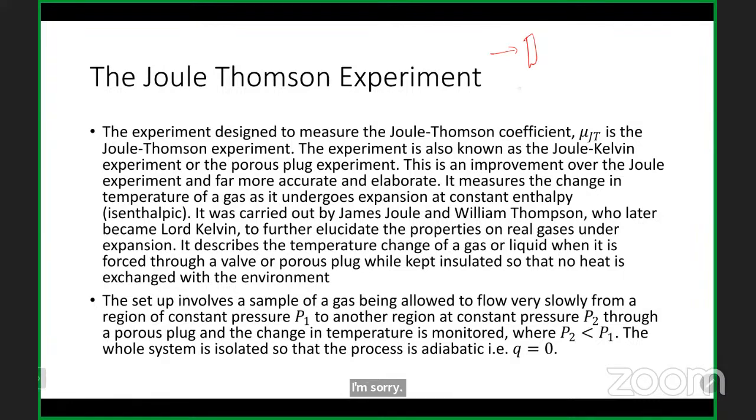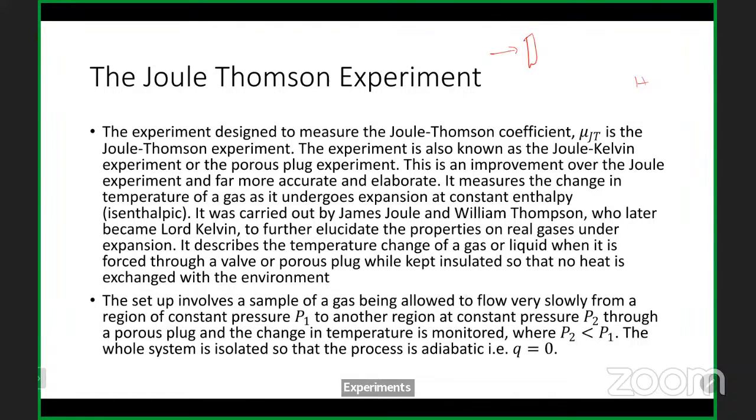And observing what changes, keeping H constant, observing what changes with temperature and all that. Anyway, what was really observed is what I would focus on. I can reshare the slide with the picture of the experiment.